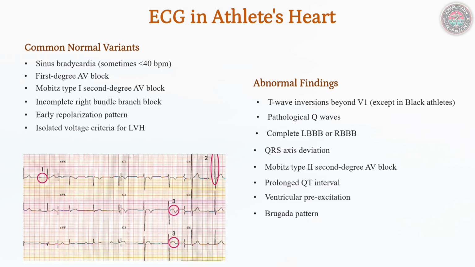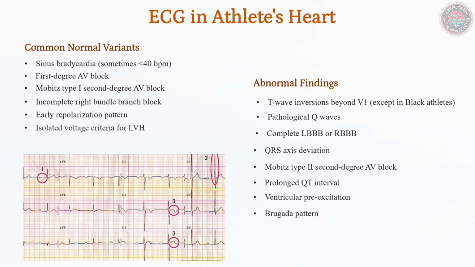ECG in athlete's heart. Athlete's heart refers to physiological adaptations in response to endurance training, often mimicking pathological ECG changes. Common findings include sinus bradycardia, first-degree AV block, early repolarization, and isolated QRS voltage criteria for LVH.